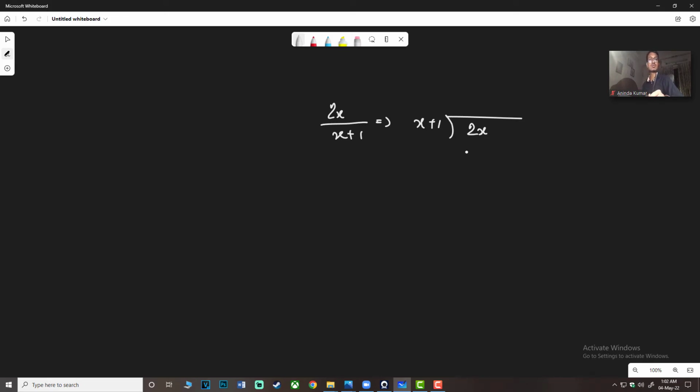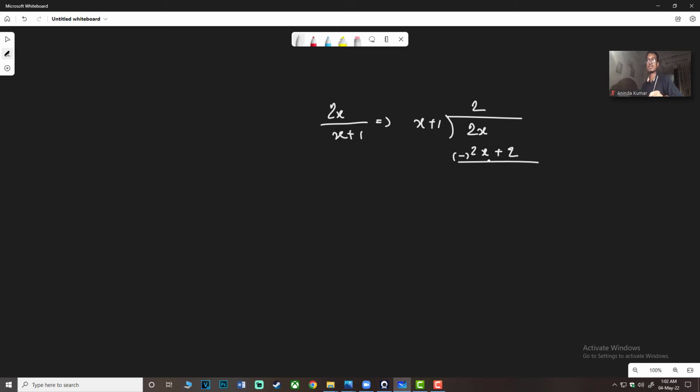How to convert x into 2x? We multiply by 2. Once again, we have to multiply our divisor by something so that we have 2x at the bottom. So what do we multiply with x plus 1 to get 2x? We multiply 2. So 2 into x plus 1, that is 2x plus 2.